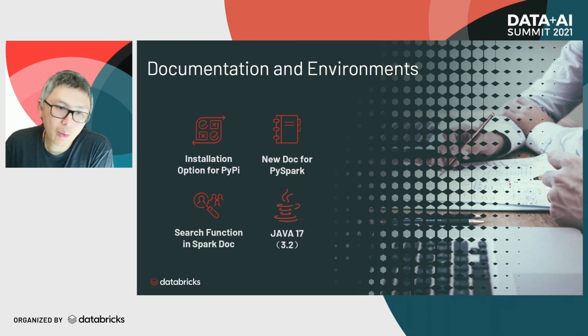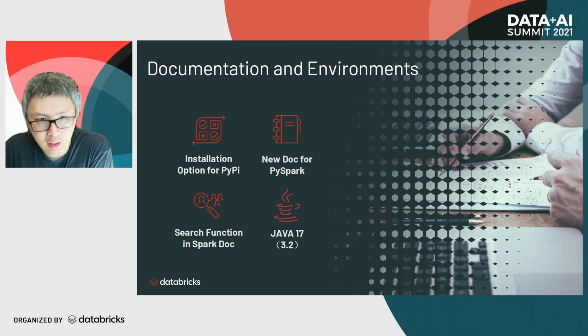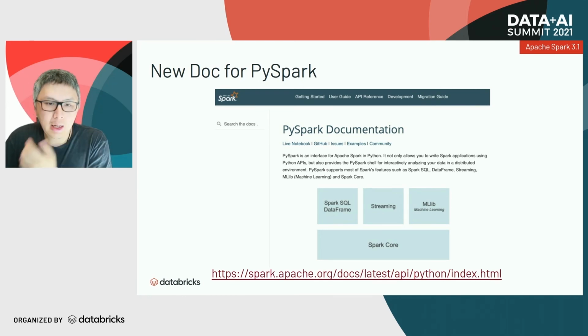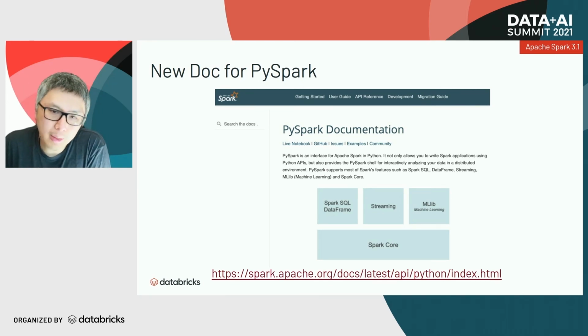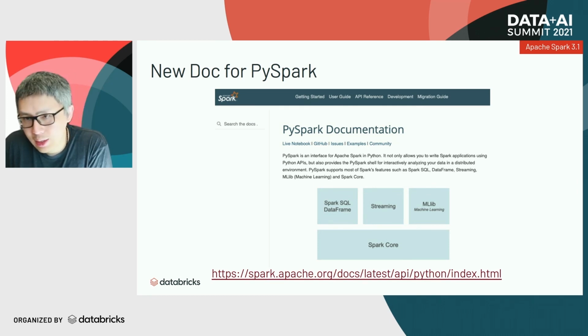In Spark 3.1, we also made multiple major updates on the documentation and the environment. I want to introduce our new documentation for Python users and the search function in our main documentation site. In the past, the major content of the Spark documentation site was mainly targeting Scala and SQL users. However, some example code and descriptions were confusing to Python users.